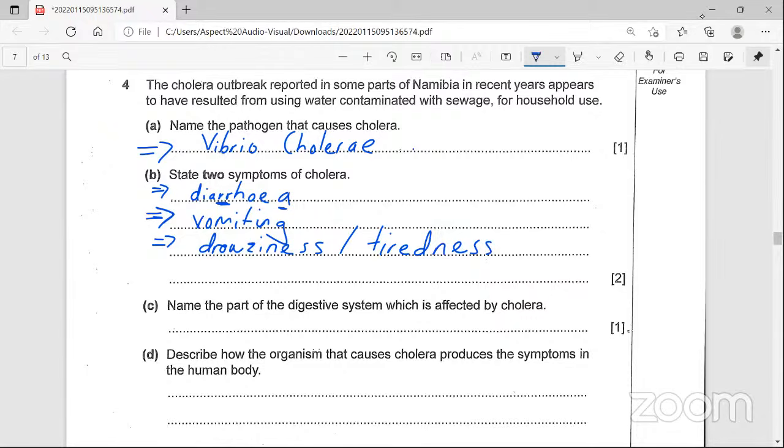Any other ones? Yes. Hold on. Drowsy. This is a W. Drowsiness.